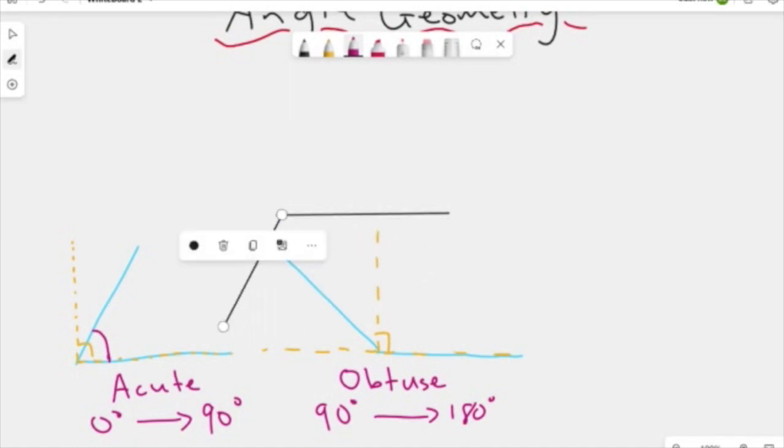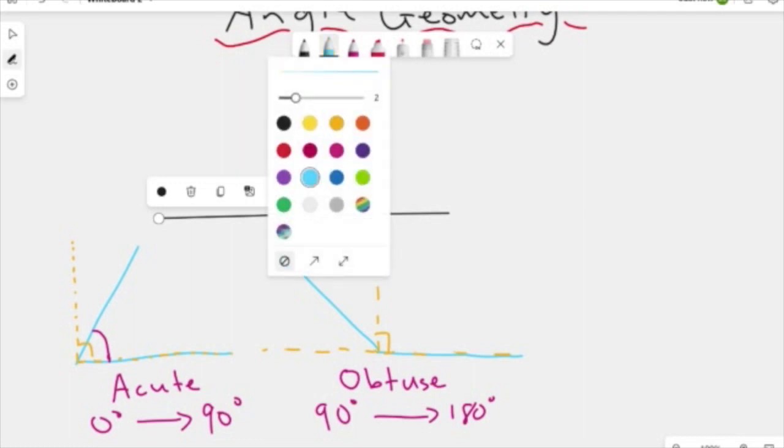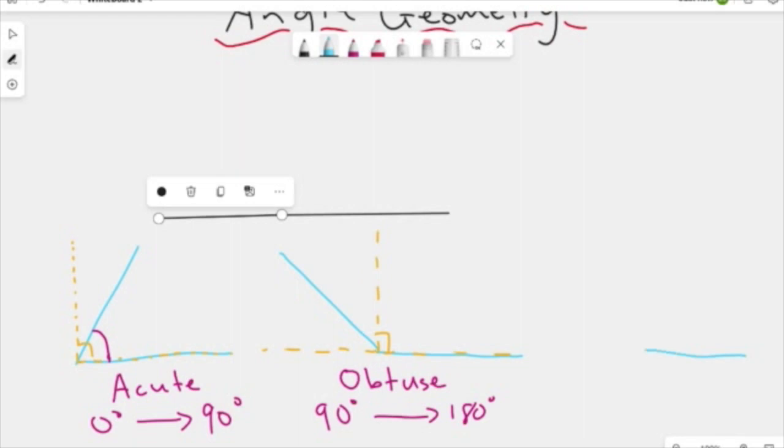So that final classification of an angle, let's go maybe from here down to here.